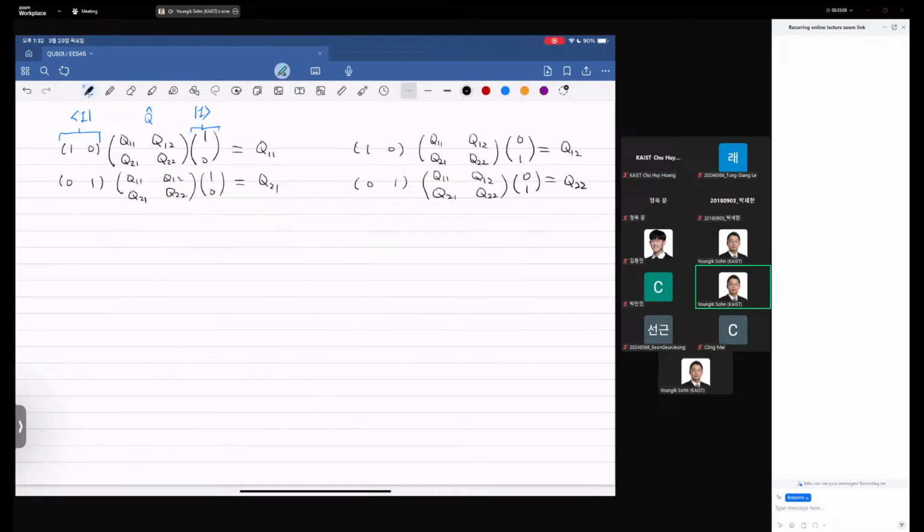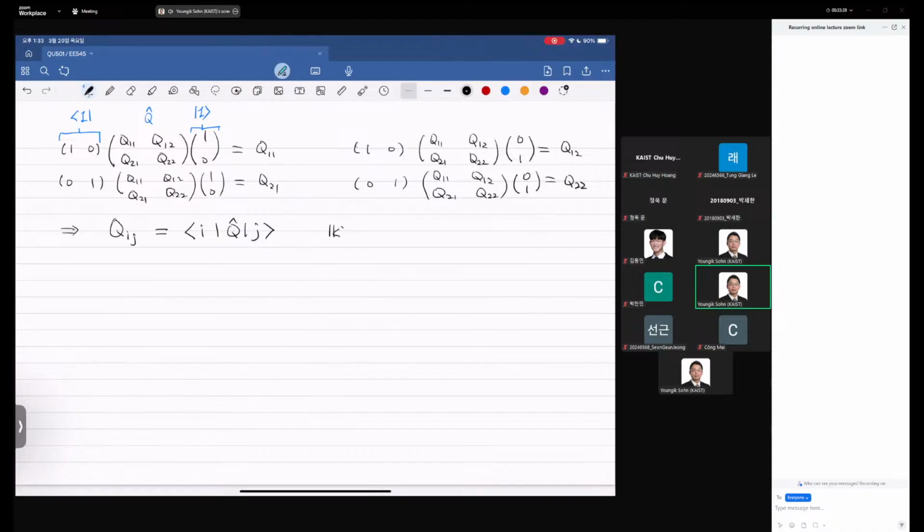If you summarize, you can write it as one simple form: Qij, the element of the matrix, is written as <i|Q|j>. So bracket notation, Q sandwiched in the middle. That's how you can extract that number from the operator.